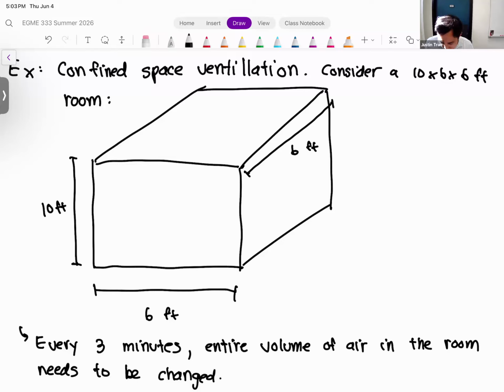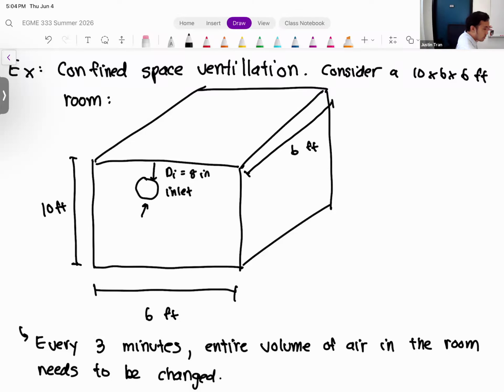All right, and so to ventilate this room, normally you wouldn't design a room like this, but we have just a single inlet and a single outlet. So we have one inlet hose coming in. The diameter of the inlet hose here is 8 inches.